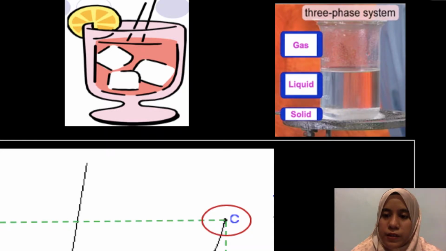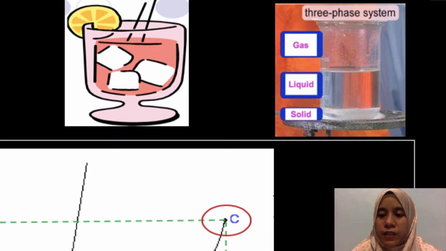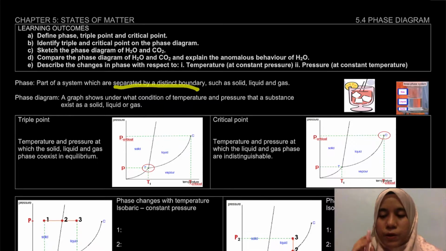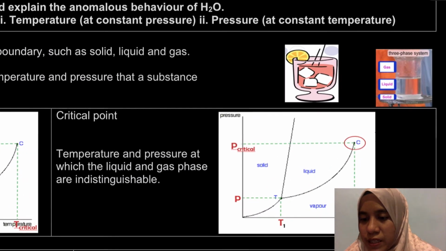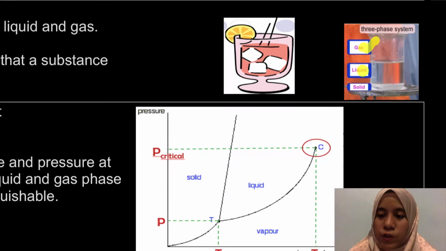So in this system, why is it called a three phase system? Because we have the solid phase, we have the liquid phase which is the water itself, and we have gas, because when you heat up your water, gas will start to appear. Here it is mentioned that a phase must be separated by a distinct boundary. So from this picture, we can clearly see there are three phases: gas, liquid and solid.